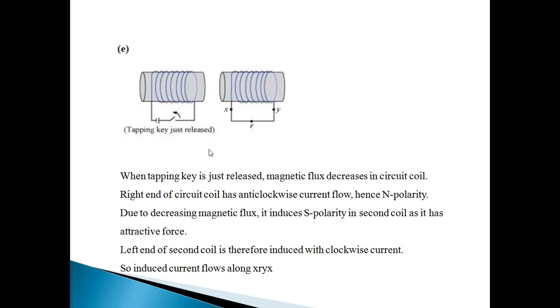But due to decreasing magnetic flux, it induces south polarity in the second coil as it has attractive force. So the left end of the second coil is therefore induced with a clockwise current because it has south polarity. And therefore the induced current direction is along X, R, Y, X.